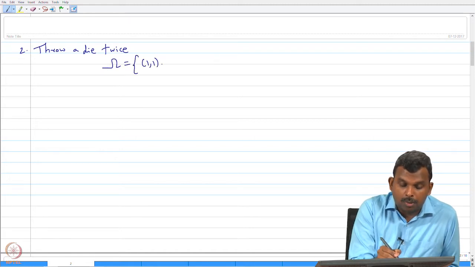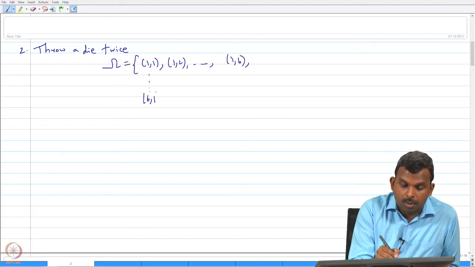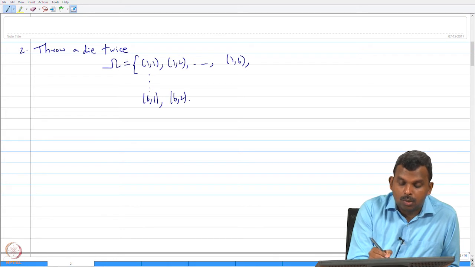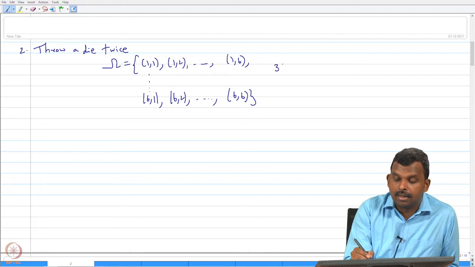If you throw a die twice, you remember the sample space. This was 1 comma 1, 1 comma 2, and so on till 1 comma 6, and all the way down to 6 comma 1, 6 comma 2, dot dot dot 6 comma 6. Once again, there are 36 equally likely outcomes here.